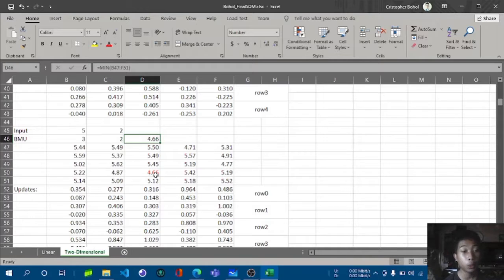So after that, we need to update the initialized values.